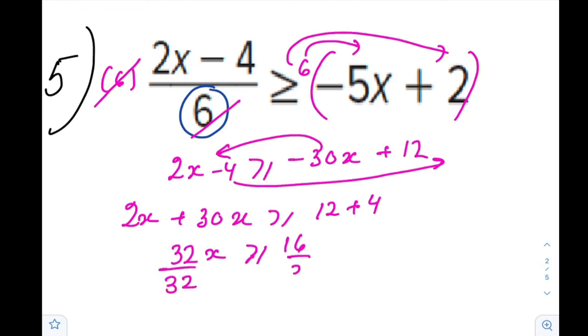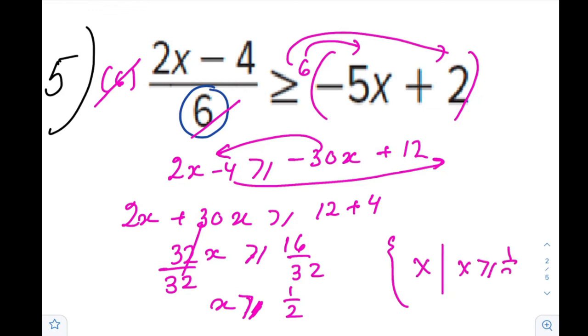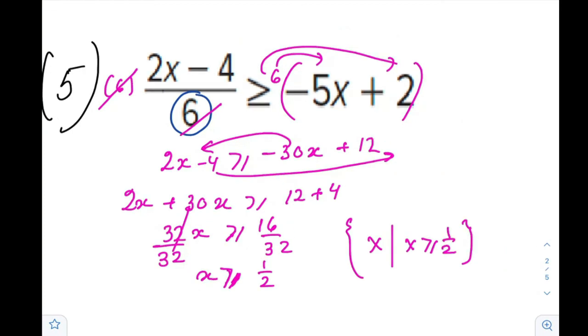Dividing both sides by 32, x more than or equal to half. So this is the solution, x more than or equal to half. We can write the solution, by the way, in this form, x such that x is more than 1 over 2. All values of x that are more than or equal to 1 over 2, half.